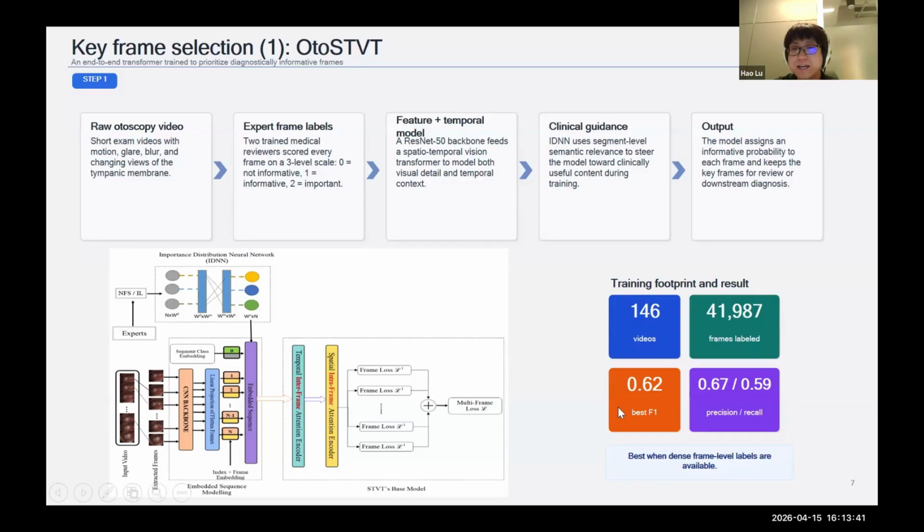So at the end, we get the F1 score close to 0.62, and the precision and recall results are 0.67 and 0.59. I know this number may not be that exciting, but this is the state of the art for all the otoscope video keyframe selection.